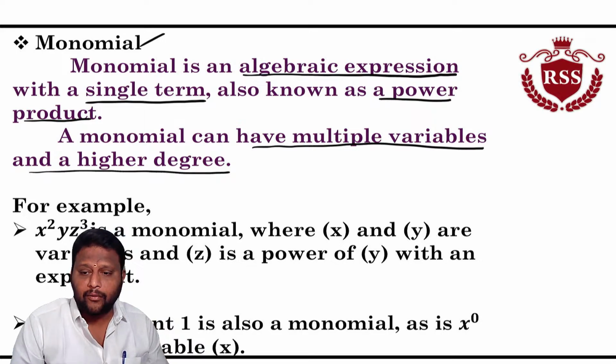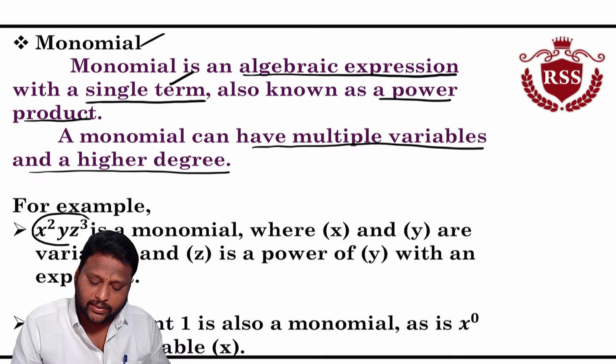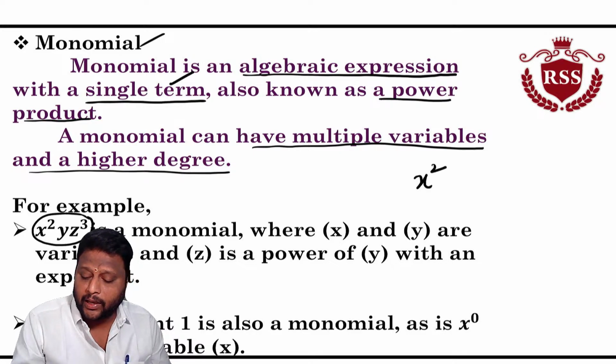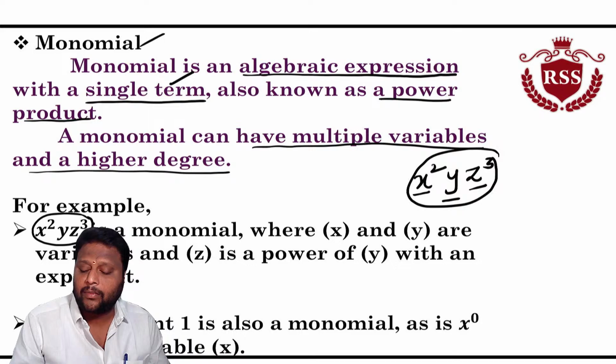We discussed the term in yesterday's class. A single term. For suppose this is the example: x squared y z cubed. In this, x is a variable, y is another variable, z is another variable. They are all combined with multiplication. Then that is called a single term. This is a monomial.